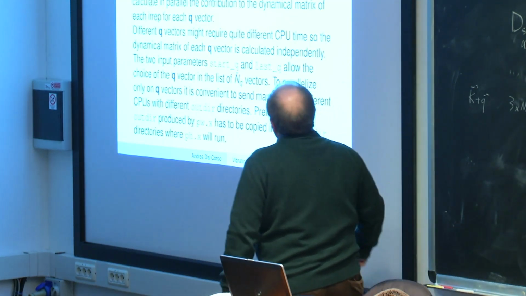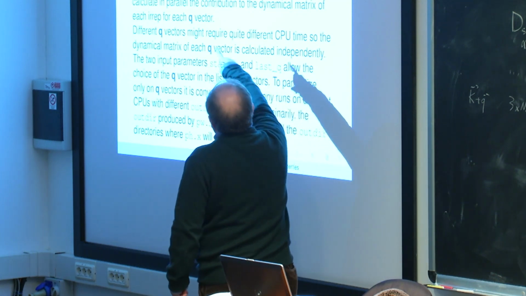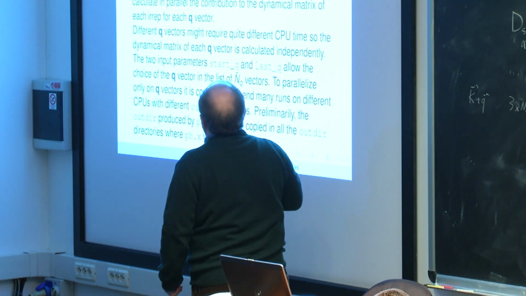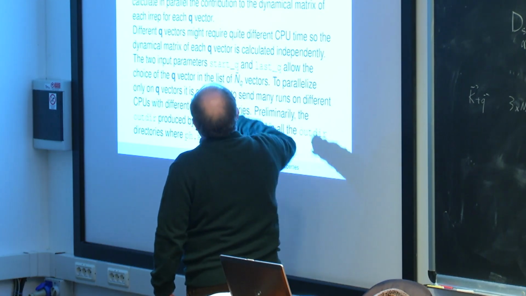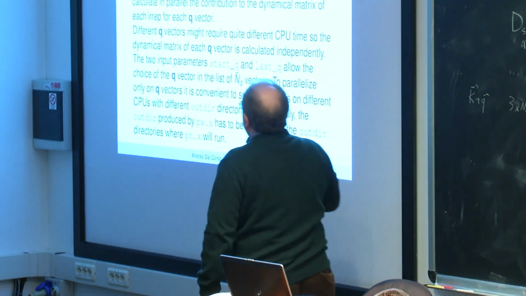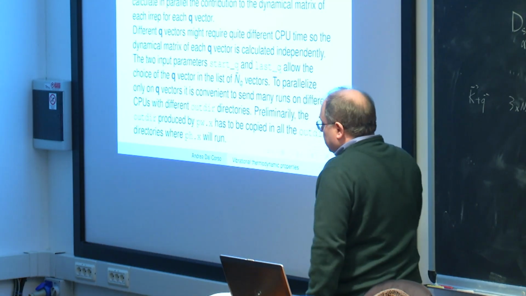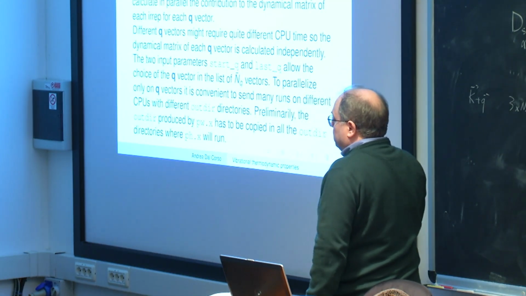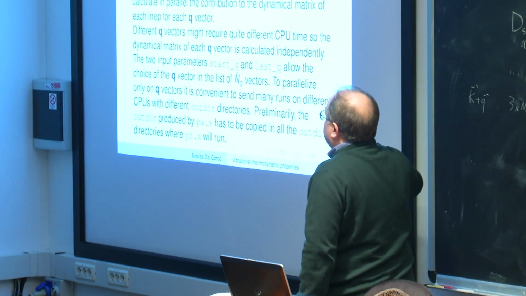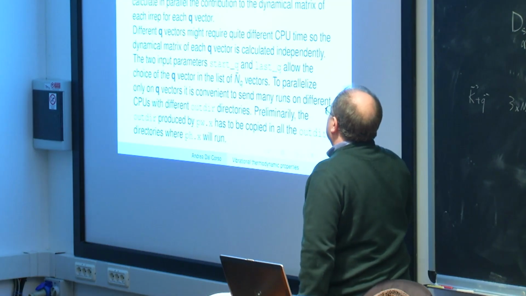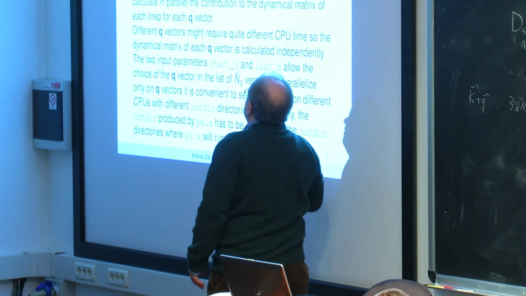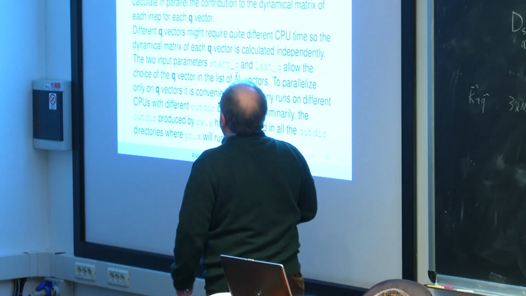So in the input of the Phonon code, there are, I would say, 3 ways of doing this parallelization. One is to use the flags start_q and last_q, where you say in the input which Q point in the mesh of inequivalent Q points you really want to calculate. If start_q is 1 and last_q is 1, you do the first Q point.